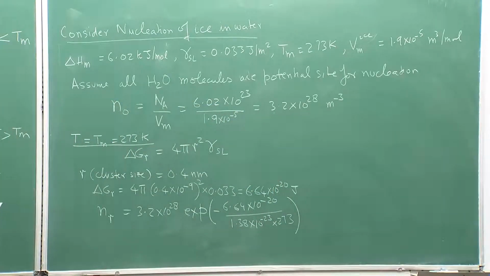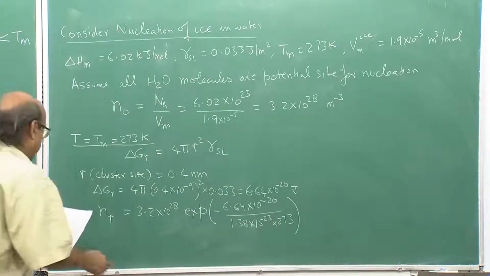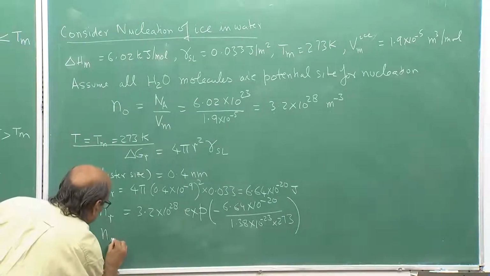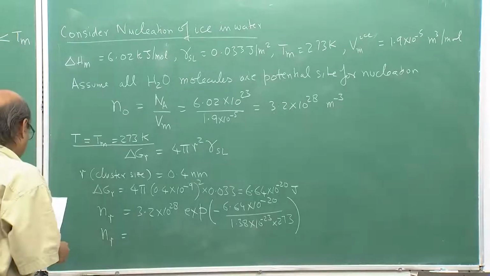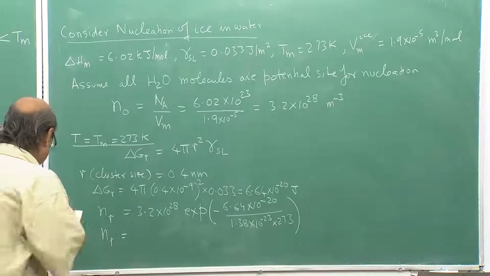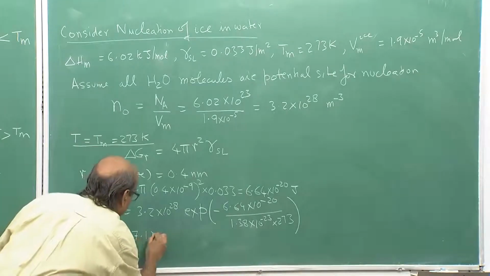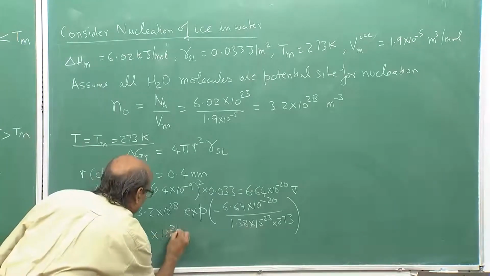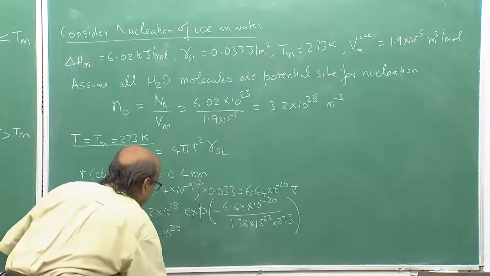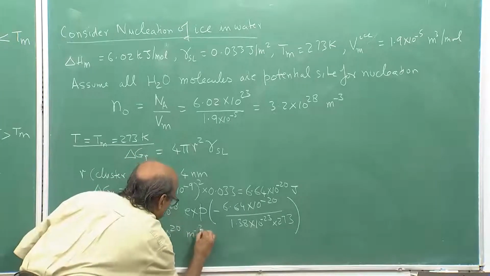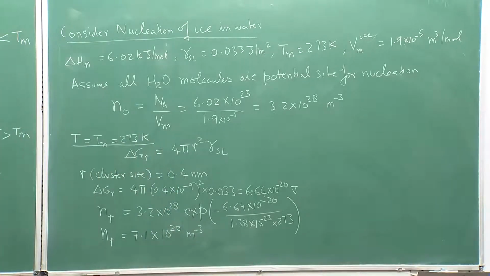If I solve this, I get NR to be 7.1 into 10 to power 20 nuclei in 1 meter cube of the liquid.